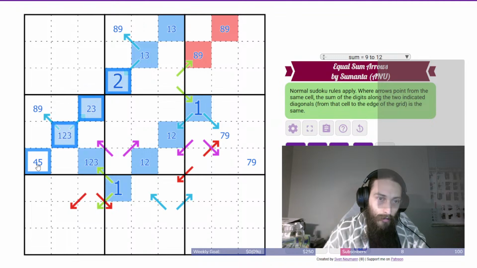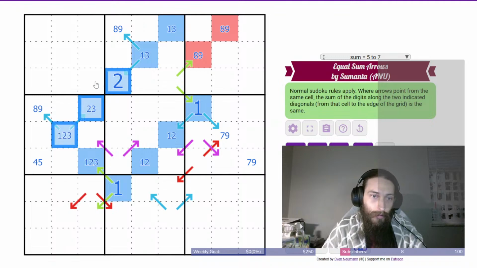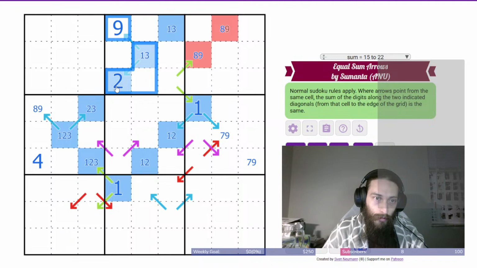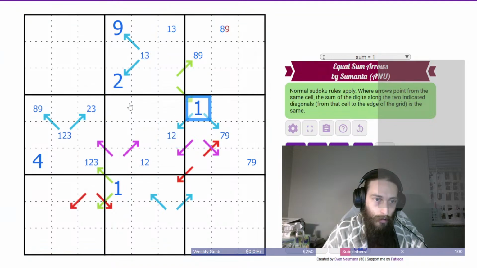And if we look at this diagonal, if I minimize these two, that's 3, 4, 5, and another 4. Oh, excuse me, 3 and 5 and 4 makes 9 because of this arrow here, which means that those two groups are the same. Okay, so it should be good with the coloring.